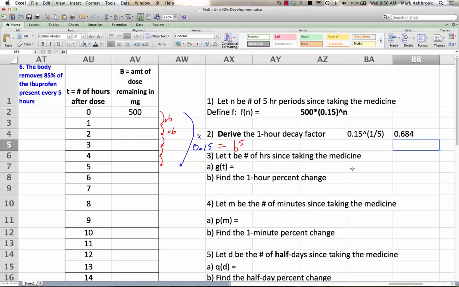All right, so let's just do the growth factors. What's the 1 hour growth factor? Oh, 1 hour percent change. All right, so we got that. Number of minutes. What's the 1 minute growth factor?